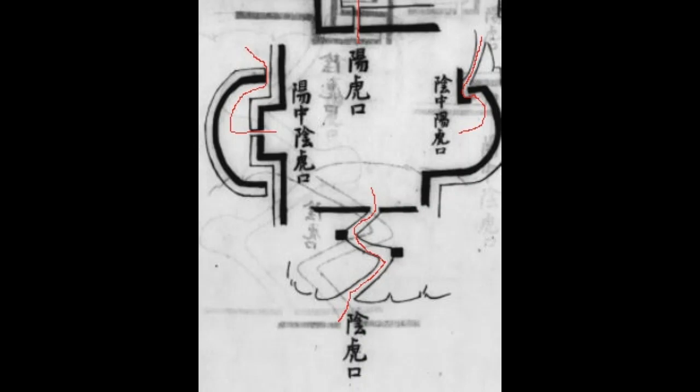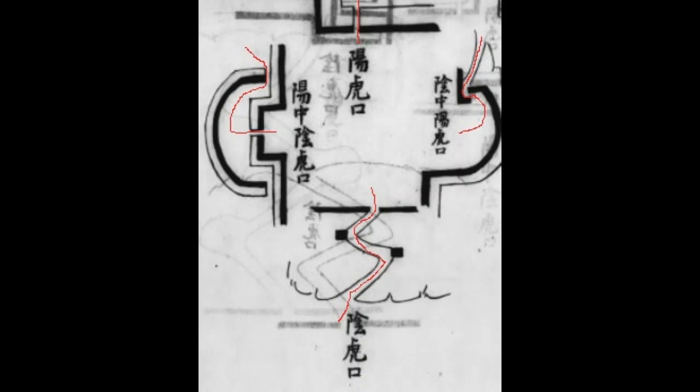This branch decided that yang would mean unimpeded and yin would mean obstructed. So in their version, a yang entrance is like the one on top, a straight shot. A straight shot normally would be called a yin entrance, but in their school it's called yang because it's unimpeded. For them, yin means any kind of obstructed entrance.